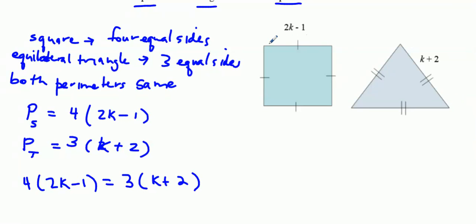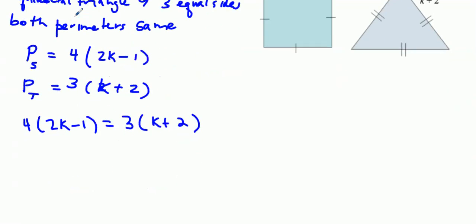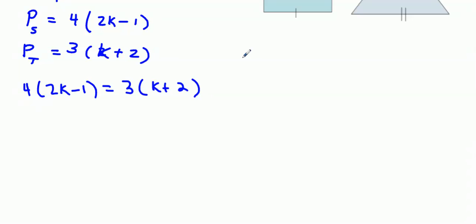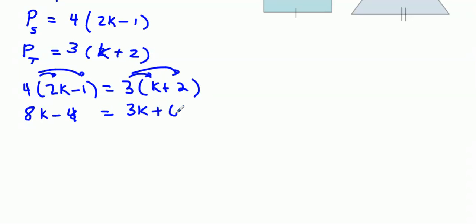It's not the side lengths that are equal, it's the perimeter. And just do the math here. So super easy because we're just going to distribute and then rearrange. So this is 8k minus 8, my bad. It's 8k minus 4 is equal to 3k plus 6.